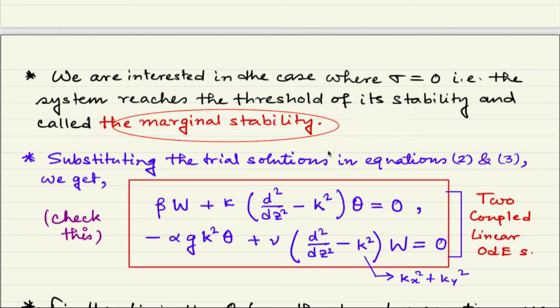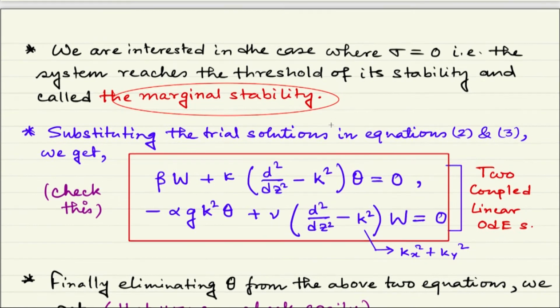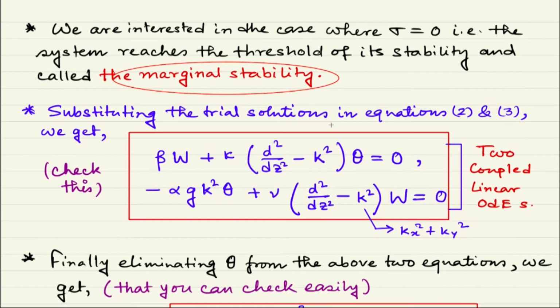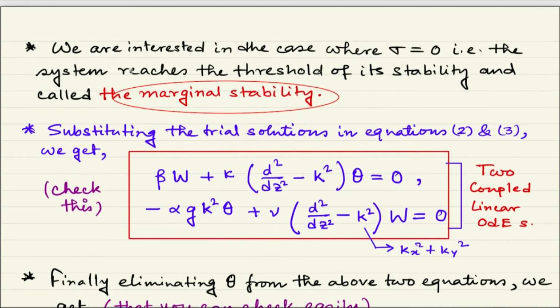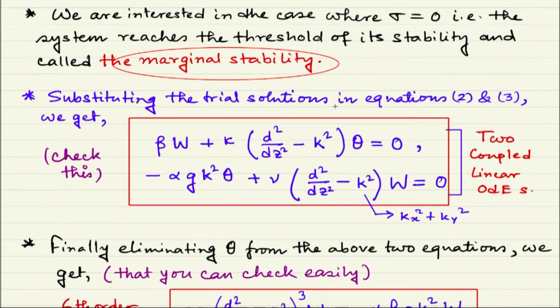In that sense, sigma equal to 0 is the marginal stability, or for the same reason some people call it marginal instability, beyond which you have strict instability. Our study will be confined within this regime of marginal stability.